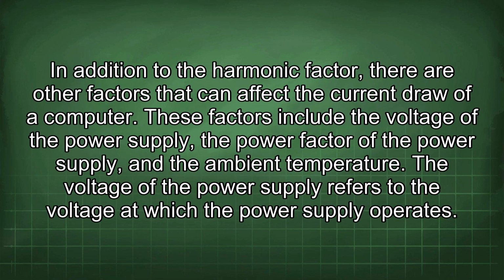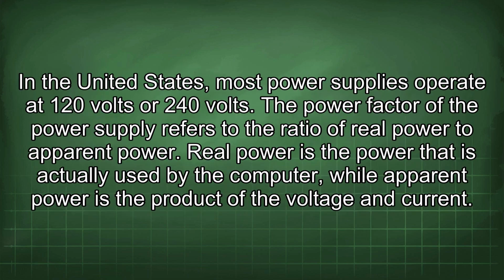In addition to the harmonic factor, there are other factors that can affect the current draw of a computer. These factors include the voltage of the power supply, the power factor of the power supply, and the ambient temperature. The voltage of the power supply refers to the voltage at which the power supply operates. In the United States, most power supplies operate at 120 volts or 240 volts.